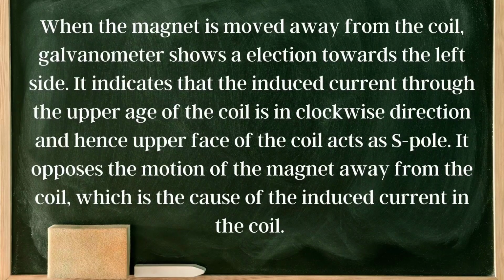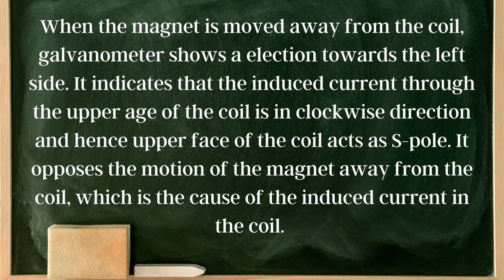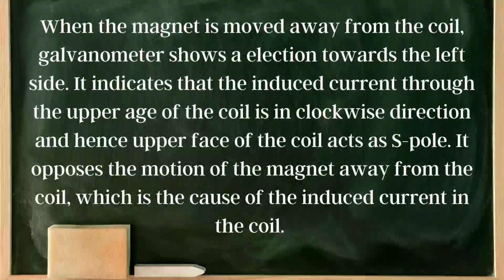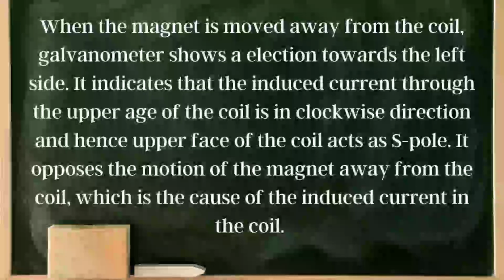Now further, step number 3, when the magnet is moved away from the coil, the galvanometer shows a deflection towards the left side. It indicates that the induced current through the upper face of the coil is in an anti-clockwise direction, and hence the upper face of the coil acts as a south pole.